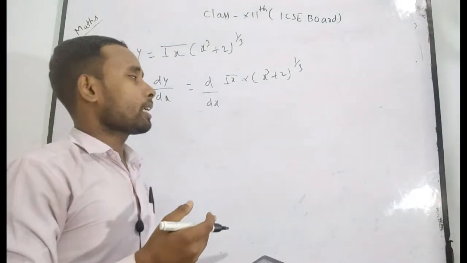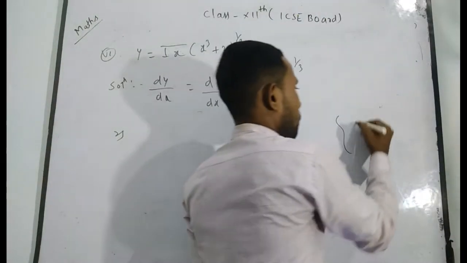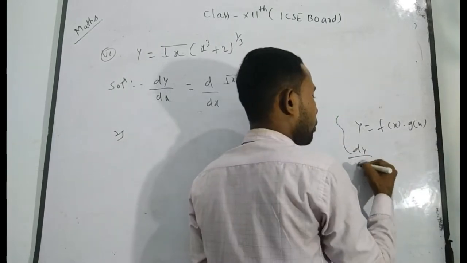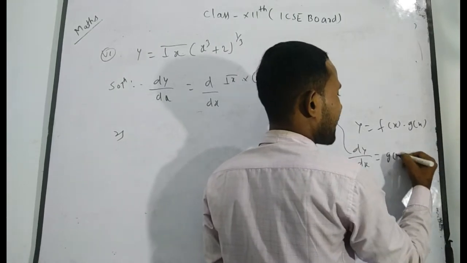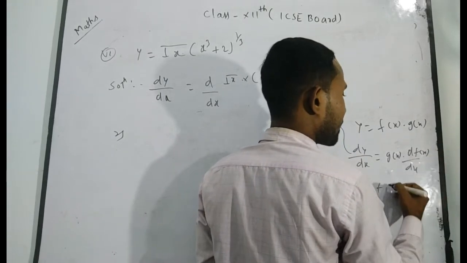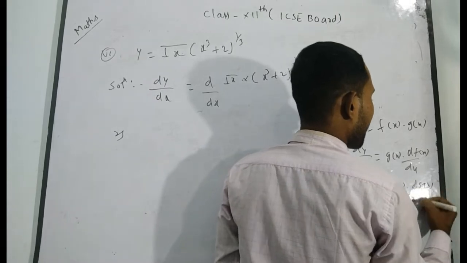As you know, product form is y is equal to fx into gx. If you have to differentiate on both sides with respect to x, then you have to take gx outer side and differentiate fx with respect to x, again plus take fx as outer side and differentiate gx with respect to x.